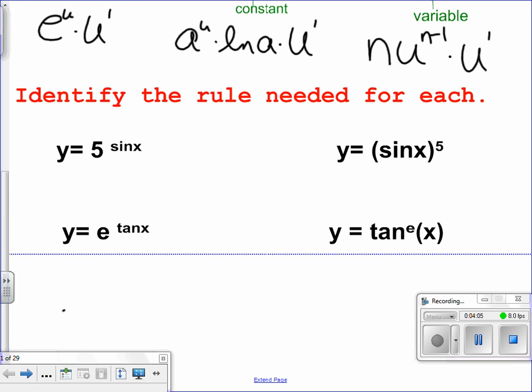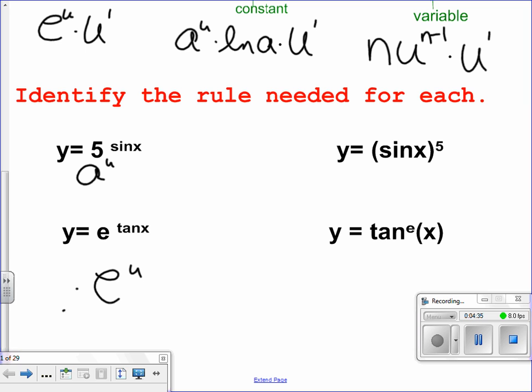So with that in mind, let's decide which rule we'd have to use for each one of these. If you wanted to take the derivative of 5 to the sine x, you can use e to the u, a to the u, or u to the n. A to the u. I like it. How about the one underneath it? What are you going to use for this one? E to the u.